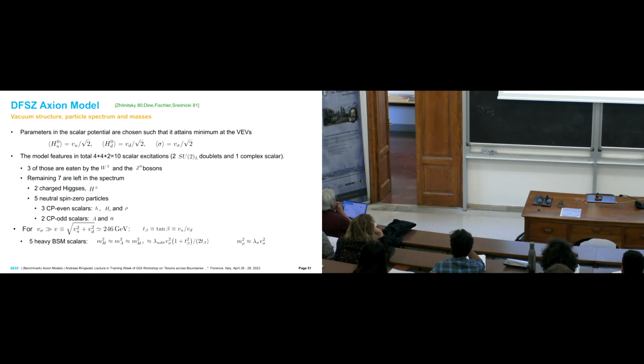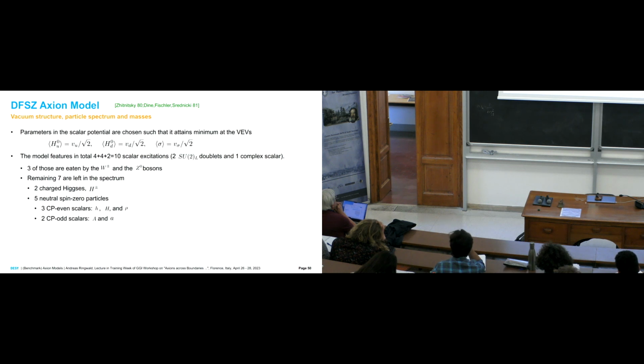So it's this H, the rho, the H plus minus, and the A. And it turns out that in this limit, this spectrum is very compressed, and the mass squared is essentially proportional to v sigma squared, up to order 1 factors from the tangent beta, times this coupling lambda u d sigma, which is responsible for the breaking of this rephasing symmetry.